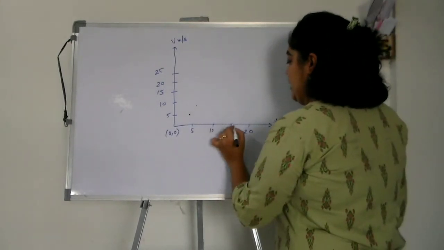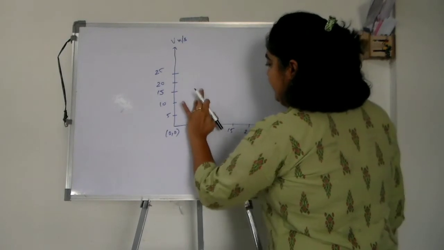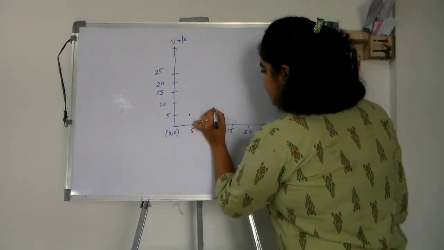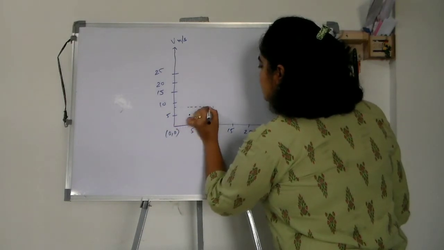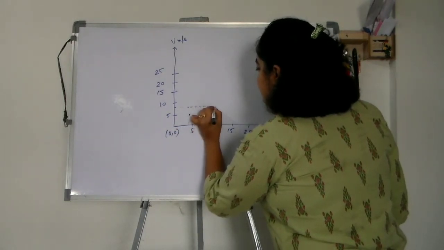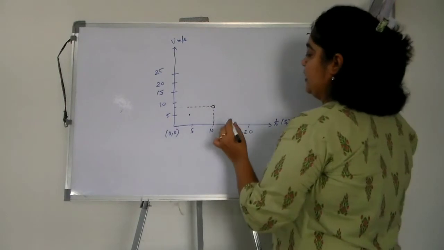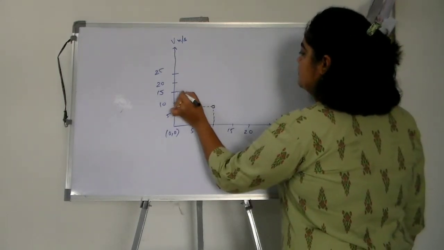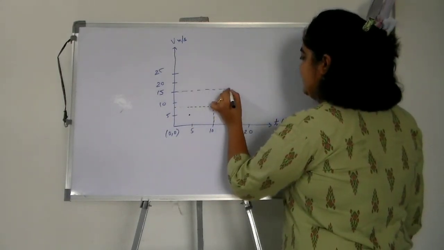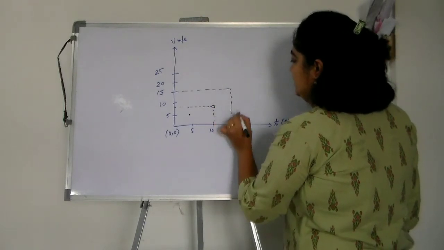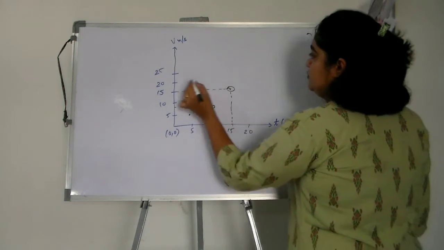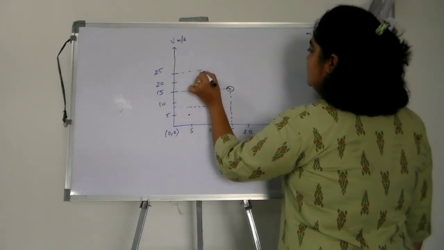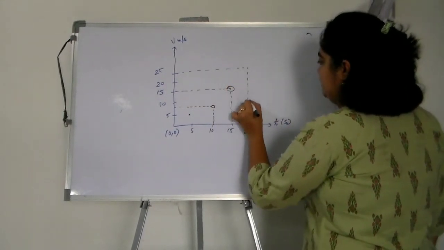At 10, the velocity is here. Now at 15 seconds, the velocity is 15 meters per second. At 20, the velocity is 25.